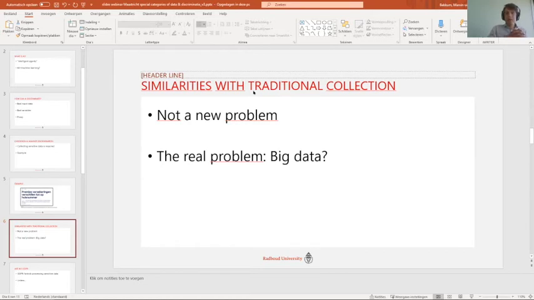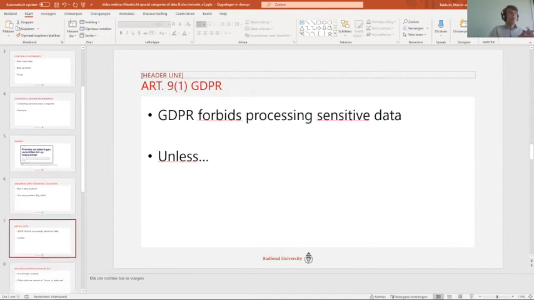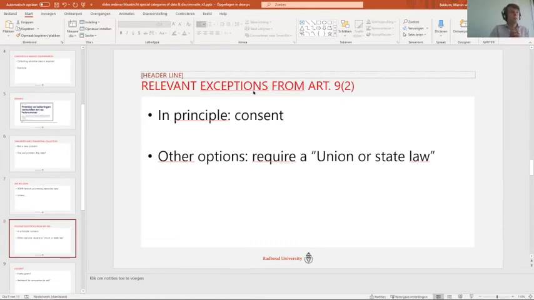The EU legislator created a regulation to regulate that, called the GDPR, to protect people against the risks of all this data hogging. In the spirit of that, you can read the prohibition in the GDPR to collect sensitive data, because in principle it is forbidden, and this should be interpreted very narrowly. There are a number of exceptions to that principle.